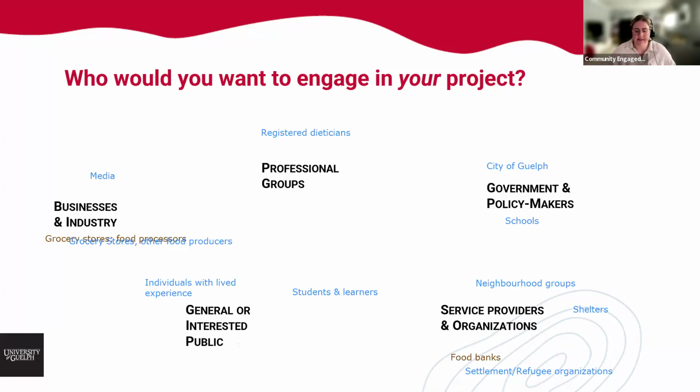And some tips from us if you're struggling to identify the right collaborators: you can read gray literature that's related to the issue that you're interested in, see who the authors are, see who the contributors are.